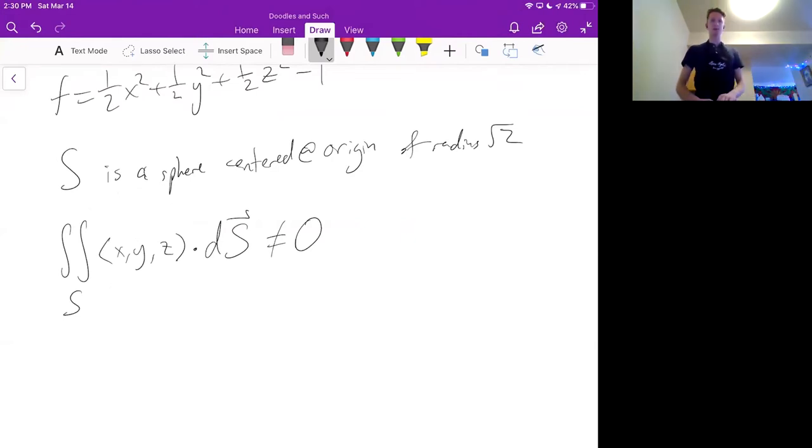Why does this mean I don't have a vector potential? What does it mean to have a vector potential? What would I know if x comma y comma z has a vector potential? How can I write down what that means?